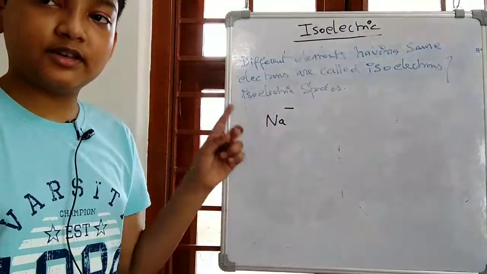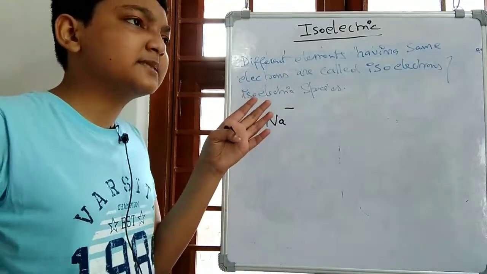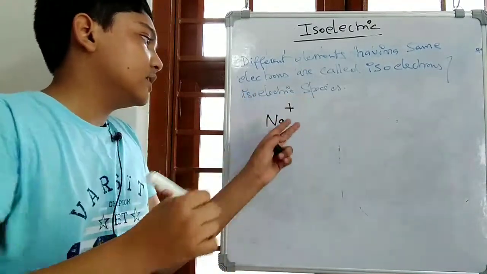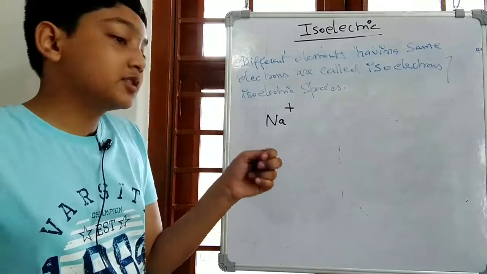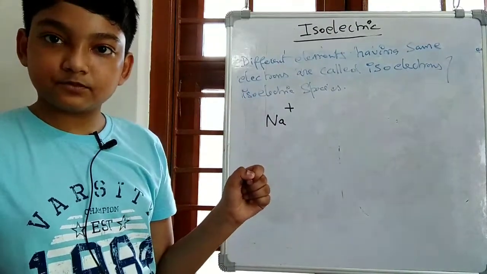Is Na minus possible? We say not Na minus, we say Na plus. Why is it so? Because Na has atomic number 11.